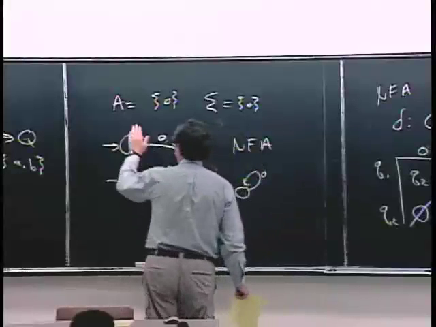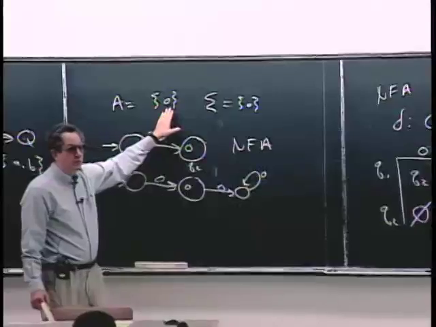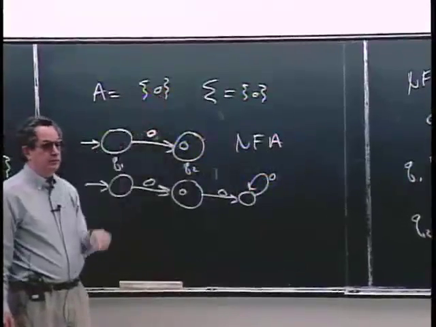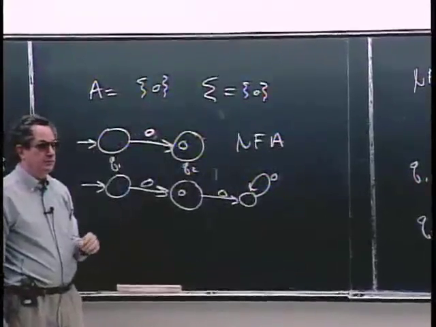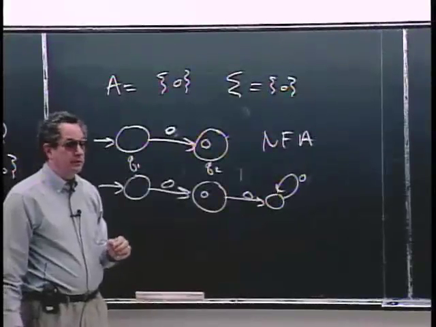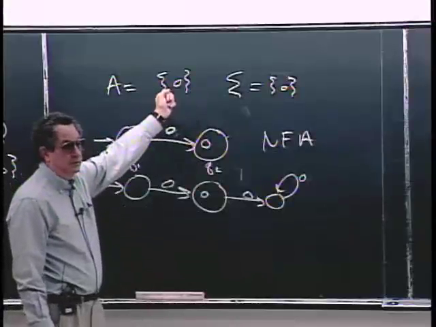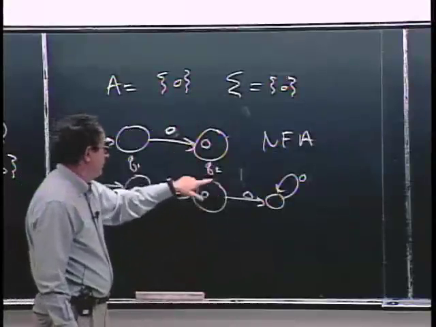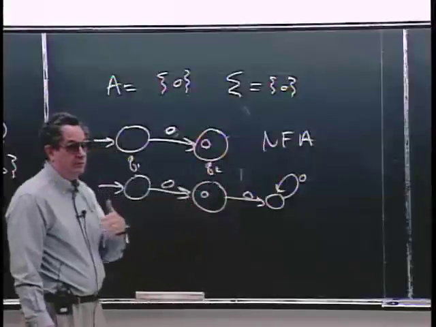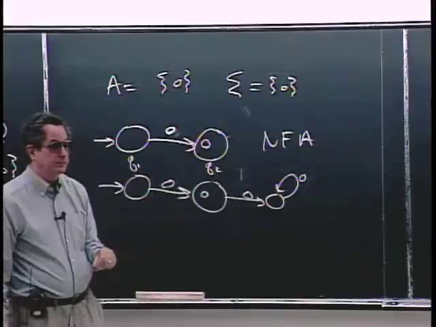I'm not quite sure I understand your question, but here we're talking about the language which only has one string, and that string is just a single zero. So the language can only be one character long? Right, the language contains one string, and that one string is one character long, namely the zero. If you had a self loop here, you would be accepting strings that had more than one zero, and that would be outside the language.